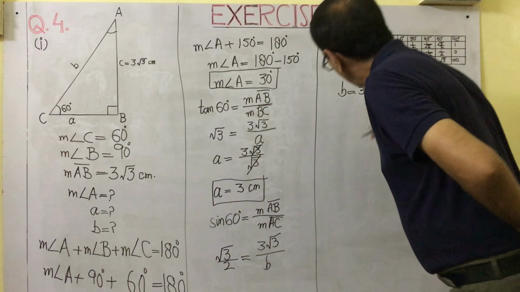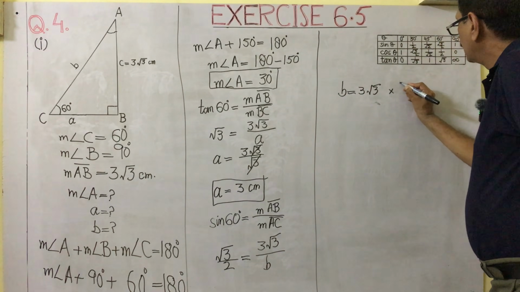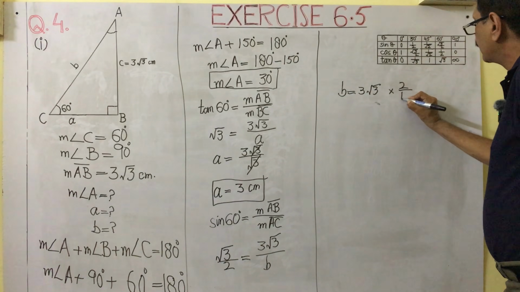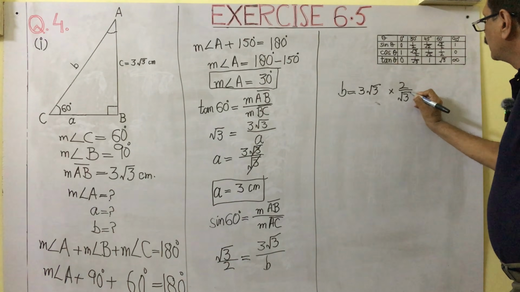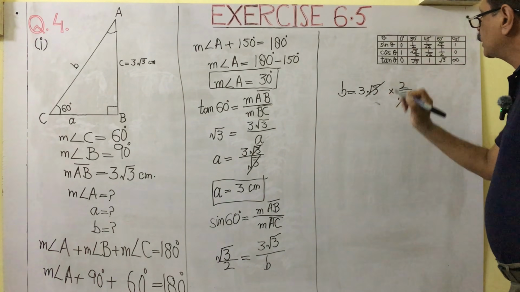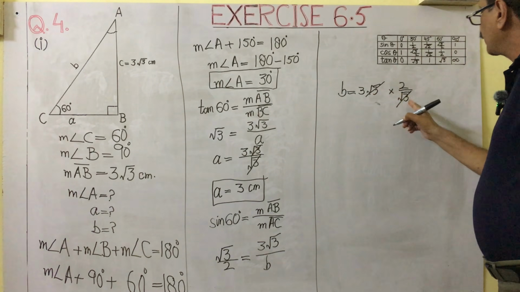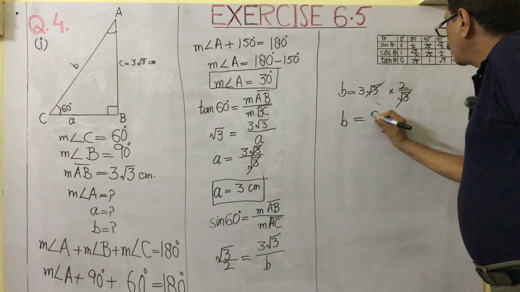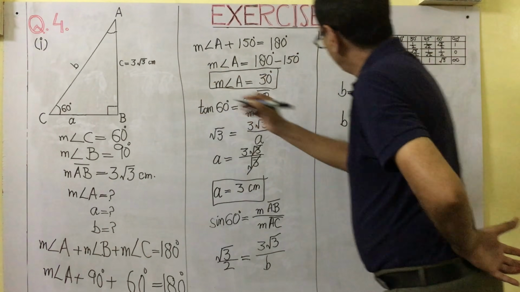This 2 will multiply here and square root of 3 will divide. Square root of 3 cancelled with square root of 3. So b is 3 twos are 6 centimeters.